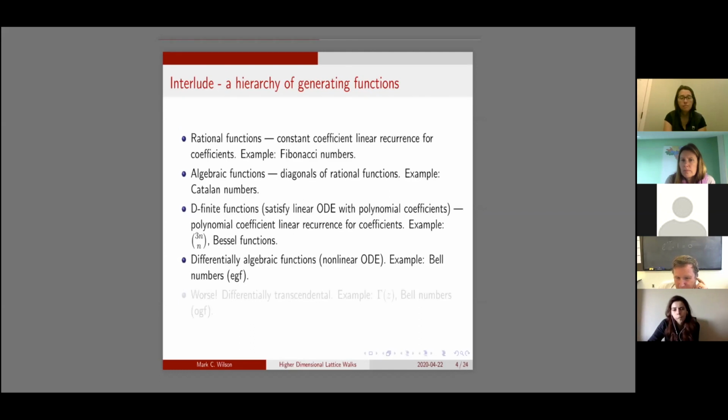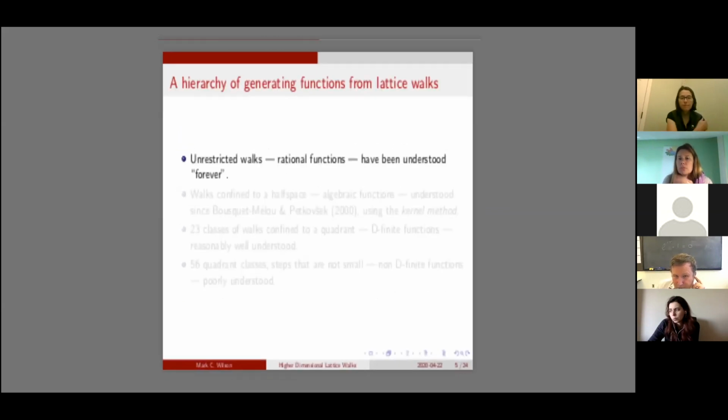Worse than that, I guess, are things which are differentially algebraic, so they satisfy a nonlinear differential equation, and it could be even worse than that. In the realm of lattice walks, we get all of these classes arising, I believe, or at least most of them. Certainly the rational functions, that's what you get typically in such a problem when you have no restriction on the walks.